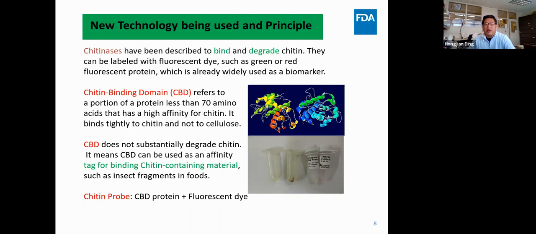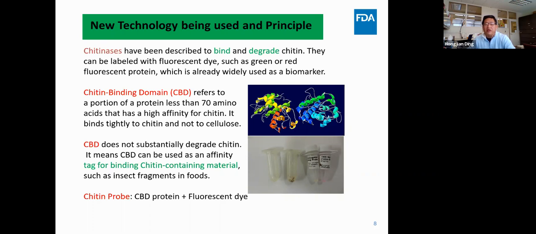Chitinase binds and degrades chitin, but the CBD, the chitin binding domain, is a part of that enzyme, a portion of protein of less than 70 amino acids. It still has high capability to bind chitin, but does not degrade the chitin.